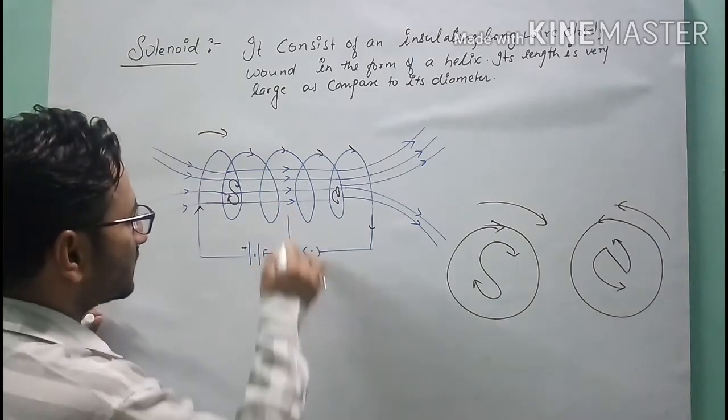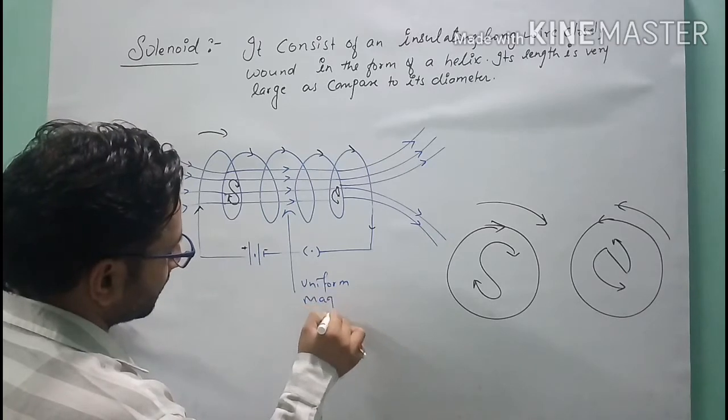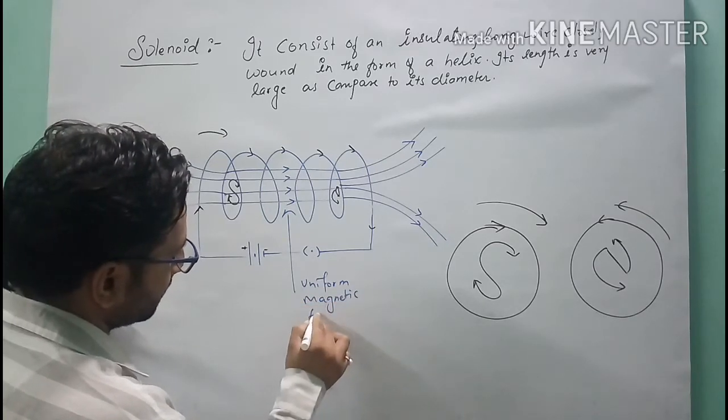So this region is called the uniform magnetic field region.